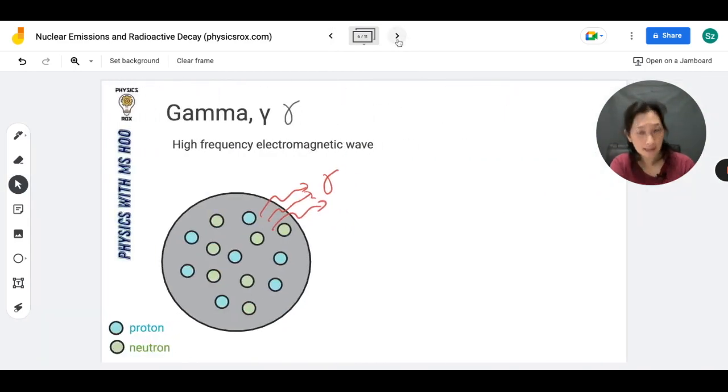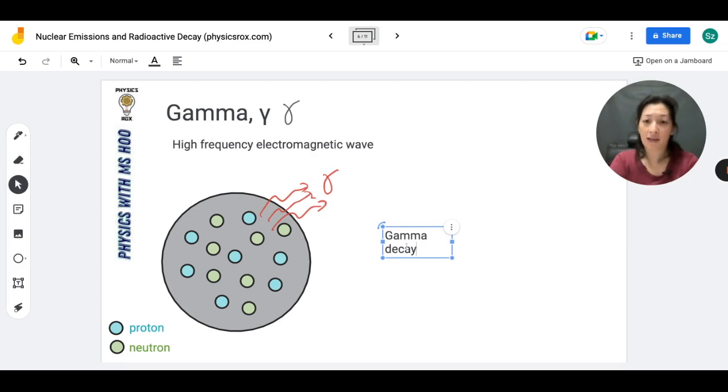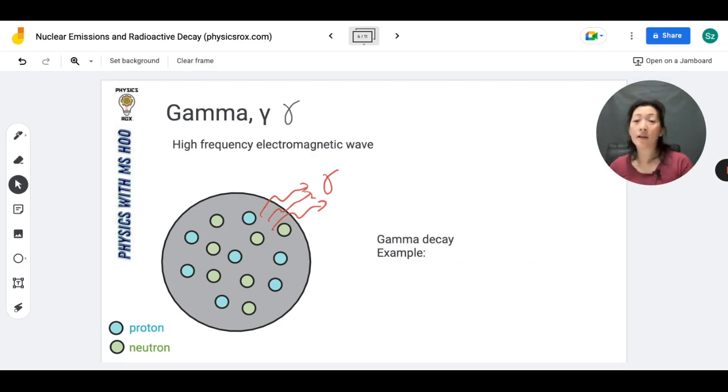So normally, gamma radiation accompanies alpha or beta emission. To give you an example of a gamma decay equation, I'll write it here as an example. An example of a gamma source is cobalt-60.